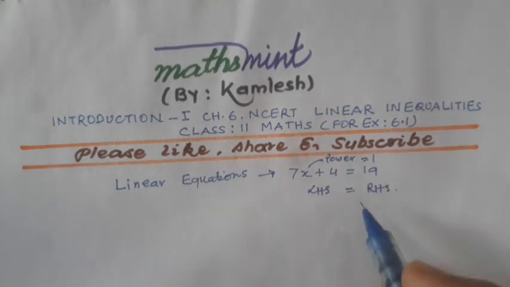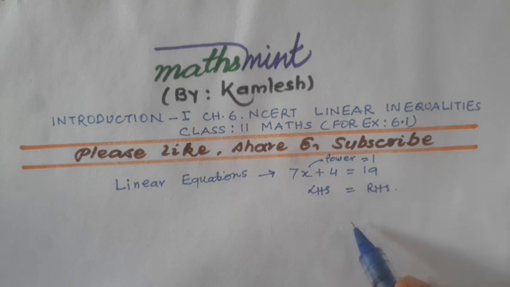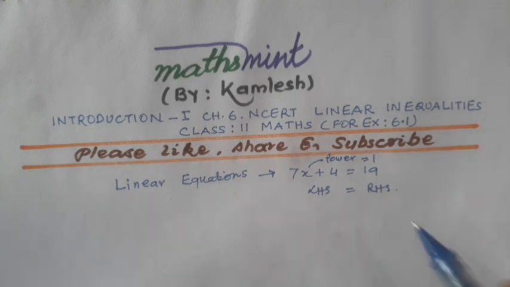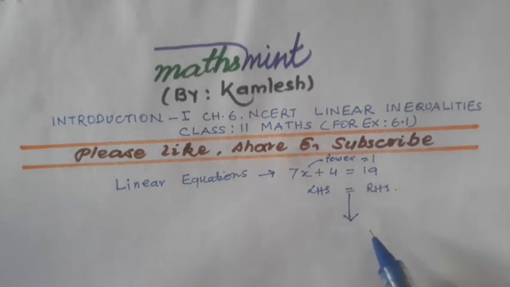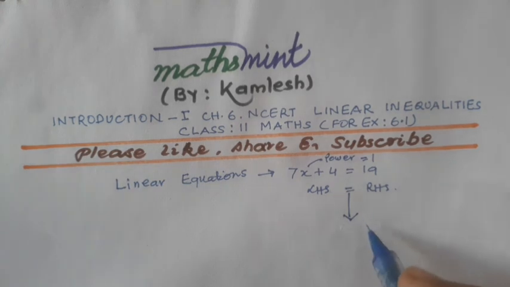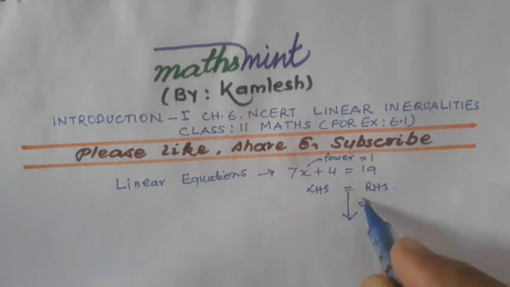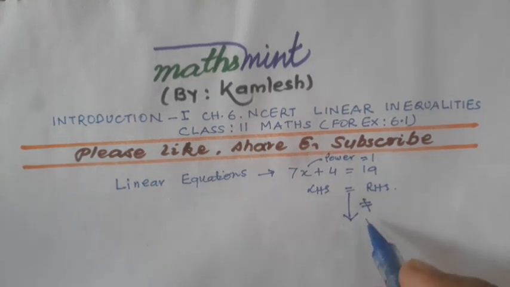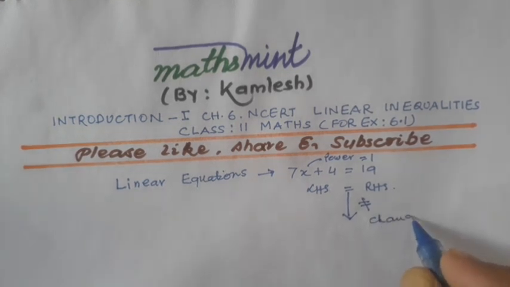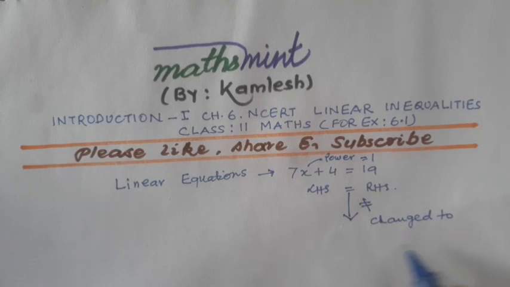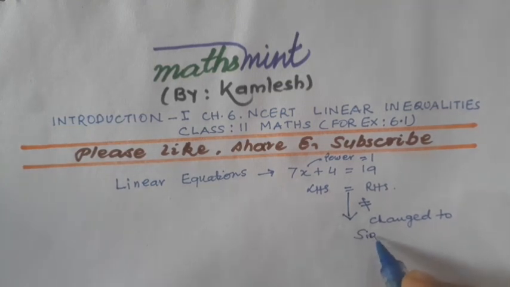Right? But suppose this equal sign is changed to unequal signs, then it will be inequalities. Like this will be changed so that LHS and RHS are not equal. Why? Because the sign is changed to signs of inequalities.